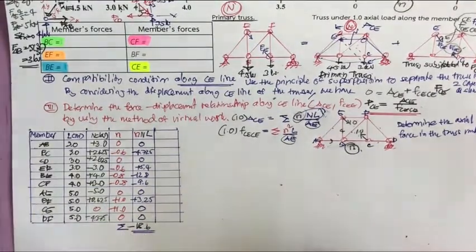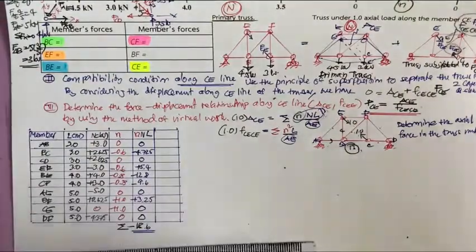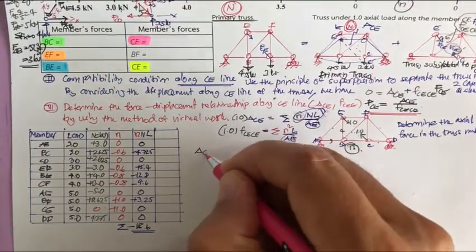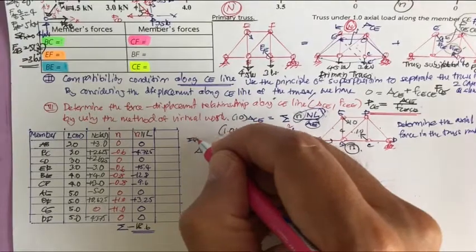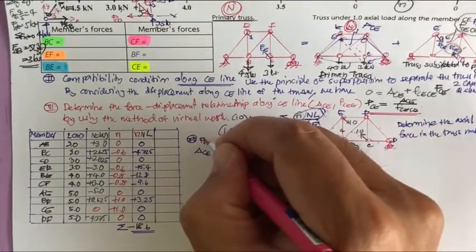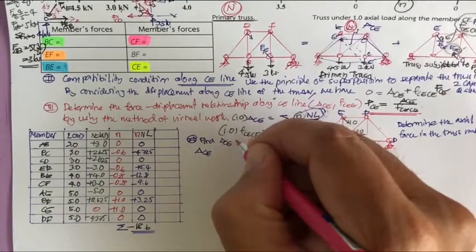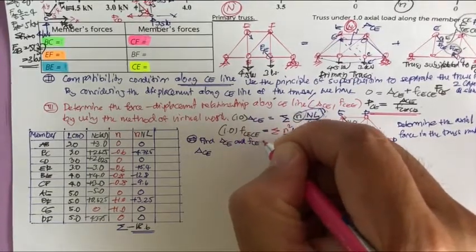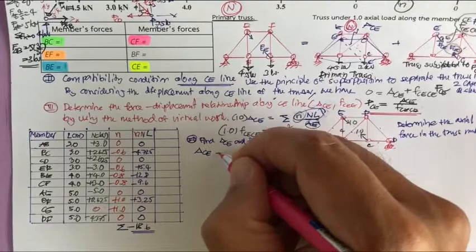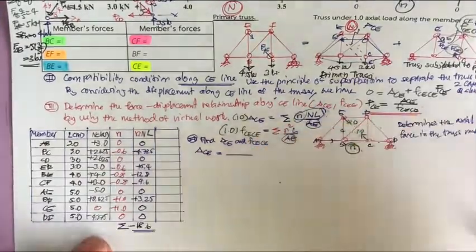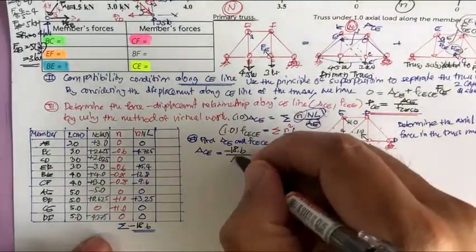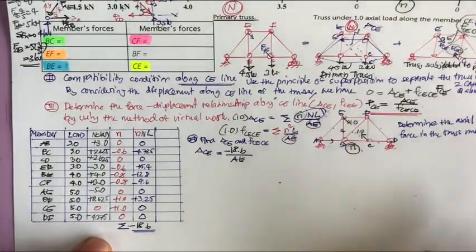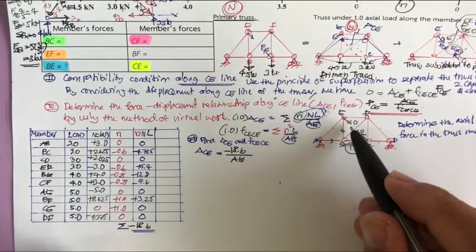Okay, and if you do this, you're going to get delta sub CE. So delta sub CE is going to be equal to minus 18.6 divided by AE. That means it's going to be in the opposite direction.